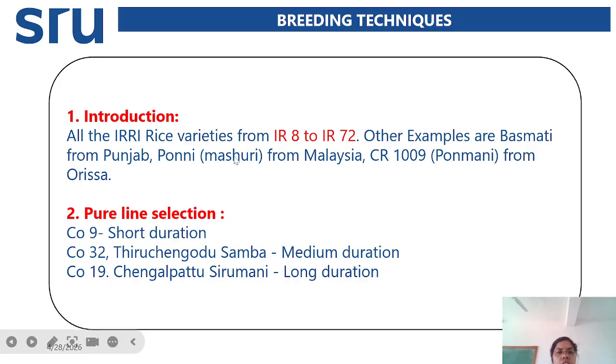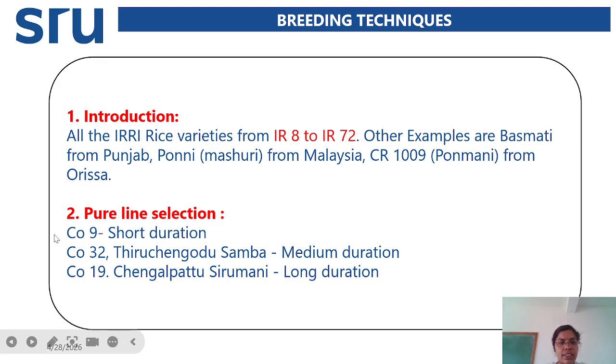All introduced rice varieties from the Philippines, from IR8 to IR27, are introduced. Examples are Basmati introduced from Punjab, Ponni, that is Mahsuri, from Malaysia, and CR1009, that is Ponnamani, from Orissa. All these are introduced rice varieties through the introduction method.